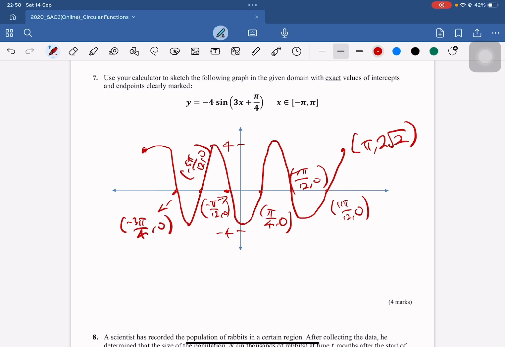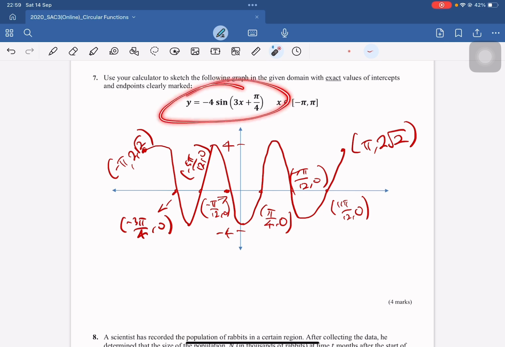And if you're asking, well, how do you find these intercepts? It's actually not as complicated as you think. In order to find the intercepts, you basically just have to grab this equation here and do what we did, solving for x.